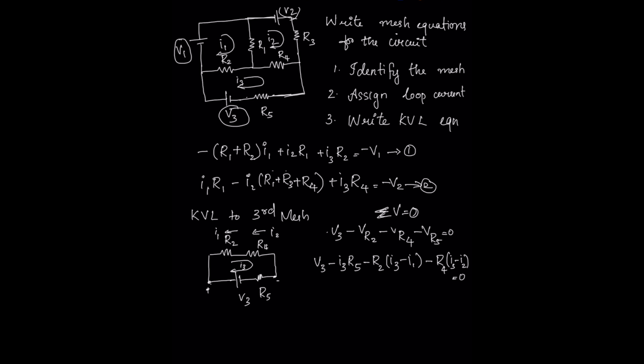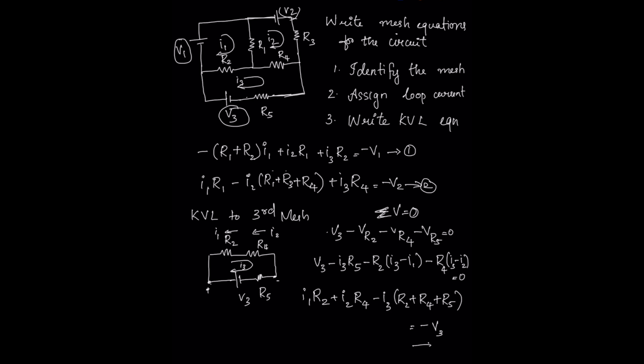Rearranging, it is plus I1 R2, then plus I2 R4, then minus I3 into R2 plus R4 plus R5 is equal to minus V3.